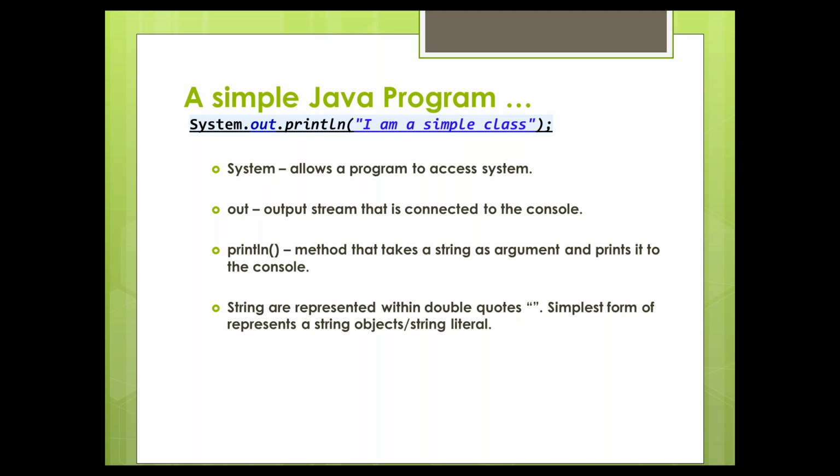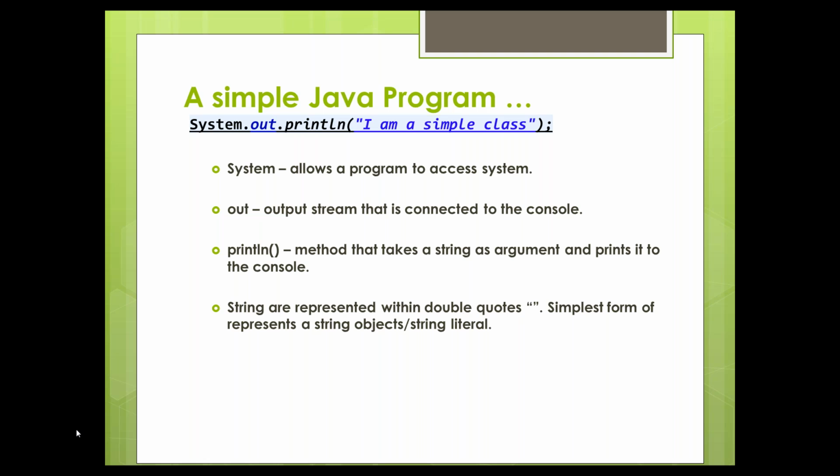String is a Java class which we will discuss more when we discuss the string class itself, because strings are used so extensively in Java. It requires special attention, and we will see it in one of the sessions exclusively for the string class.